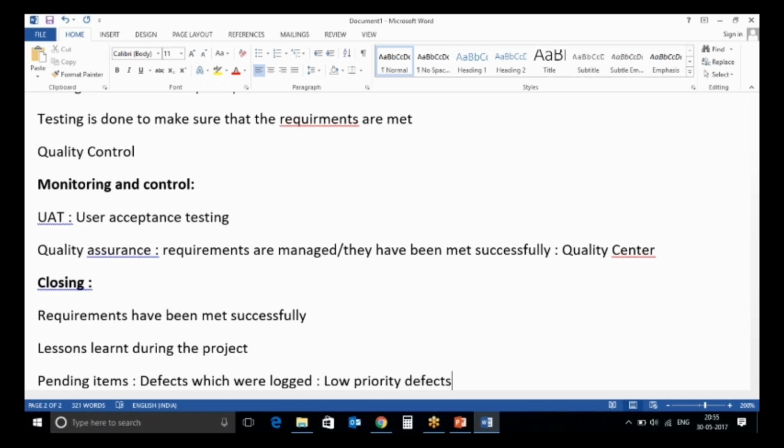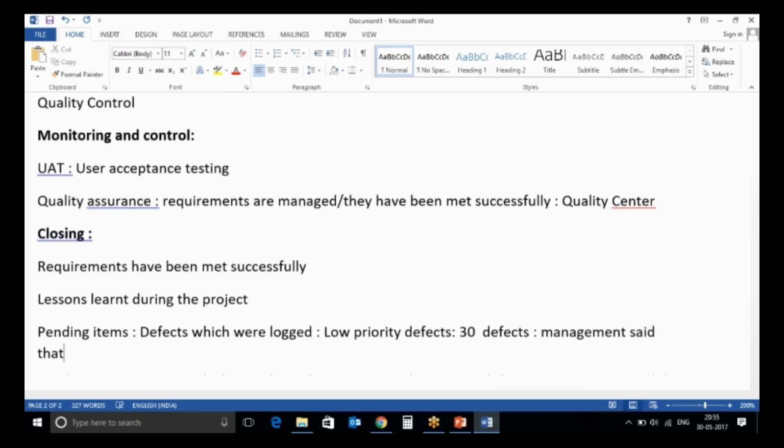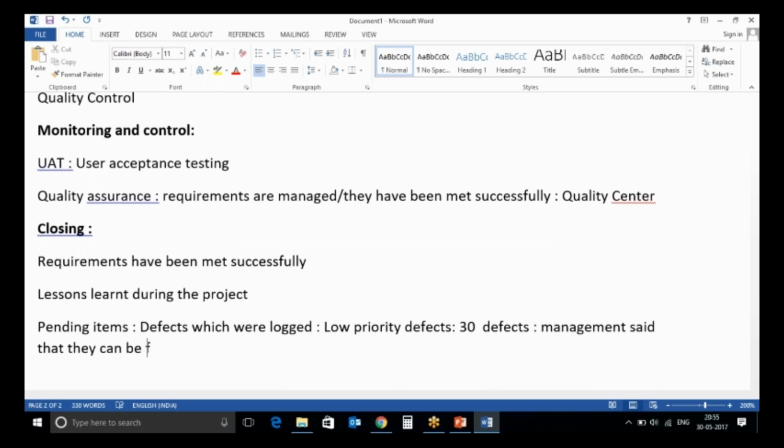So let's say there were probably 30 low priority defects, and management said that they can be fixed post go live as well, as they are not affecting anything.